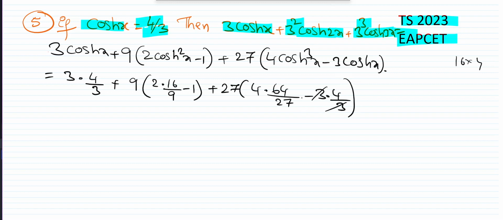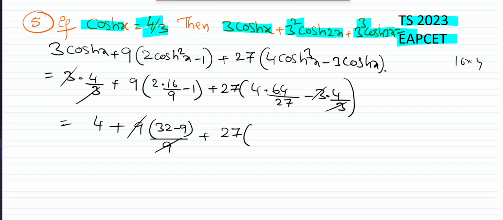Here the 3 cancels, and here also the 3 cancels. That is equal to 4 plus, taking the LCM, 9 into 2 into 16, that is 32, minus 9 by 9. Here the 9 cancels. Then 27 into 4 into 64 by 27, this value is 256, minus 4.